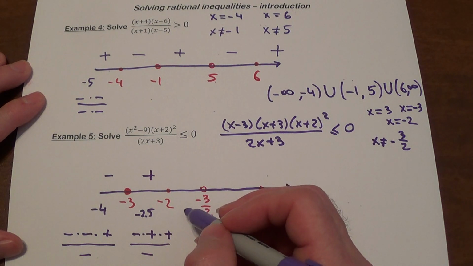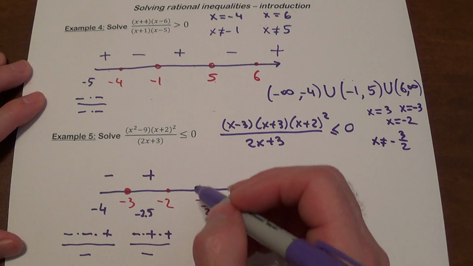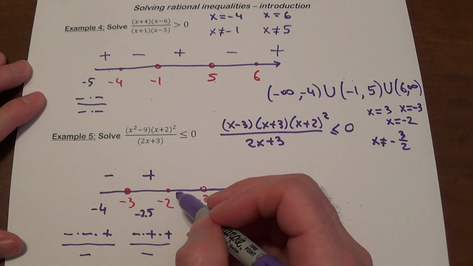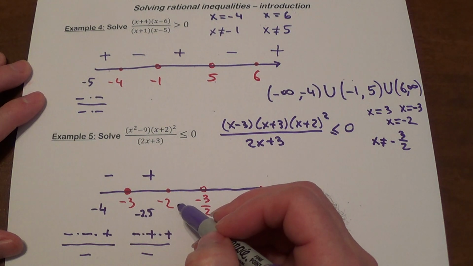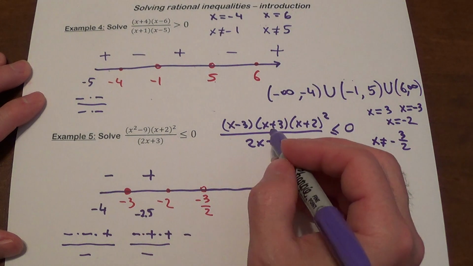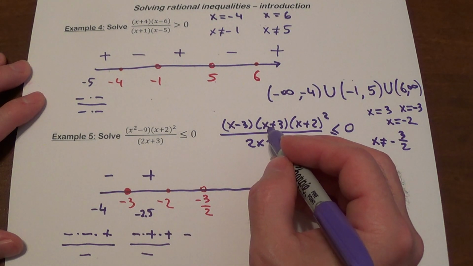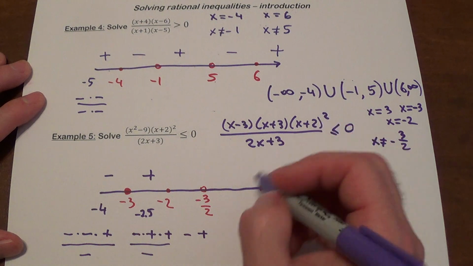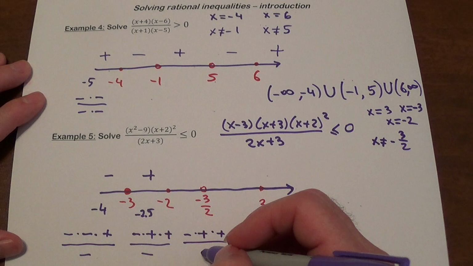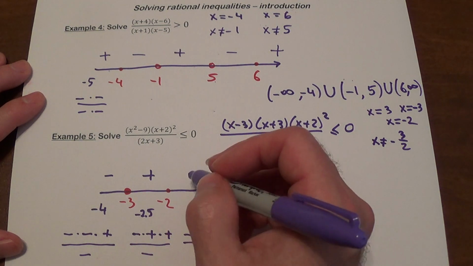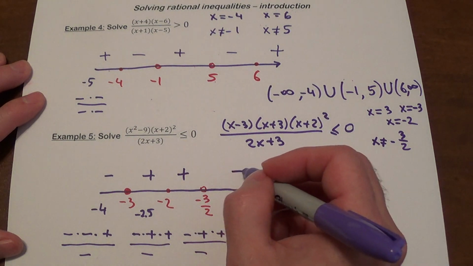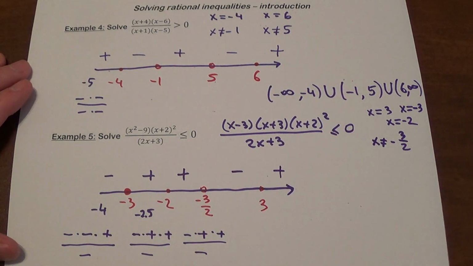Now when you cross over that, with a number slightly greater than negative 2, this one's going to be negative, this one's going to be positive, the next one is positive, and the bottom is actually going to be negative again, so we are going to get a plus here again. And then this sign is going to be minus, and this sign is going to be plus.